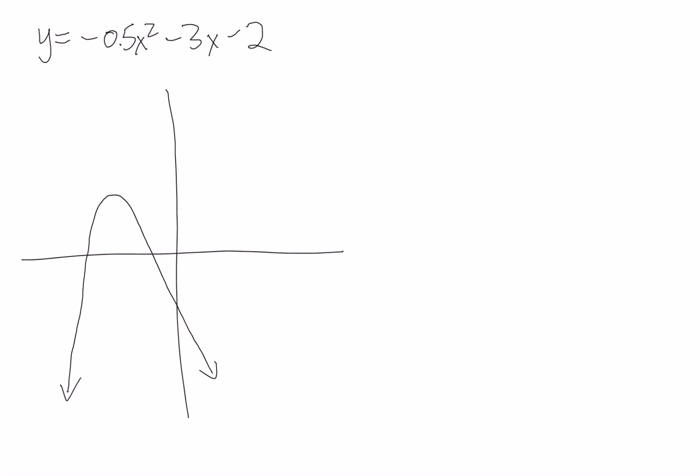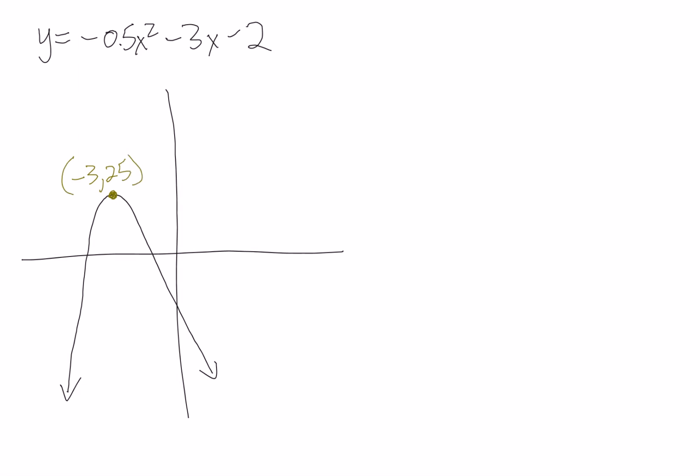Okay, so once again, we can find all of our key points. Let's do the vertex first this time. It doesn't matter which order you do them in. Our vertex is at negative 3, 2.5.